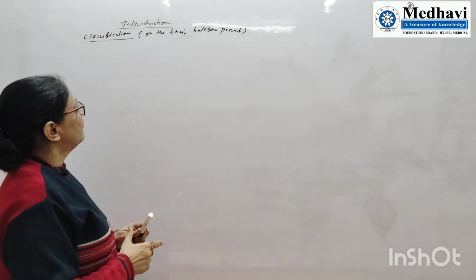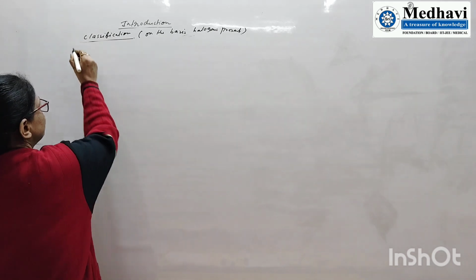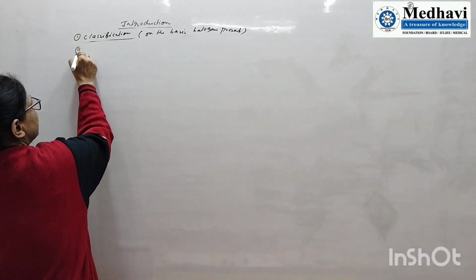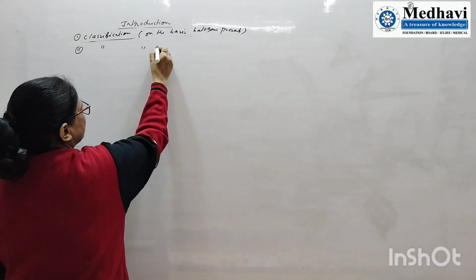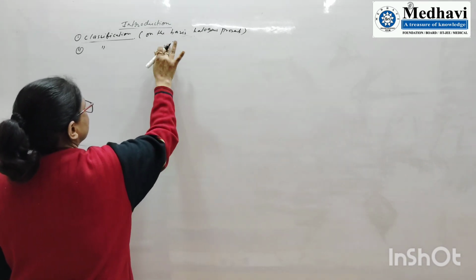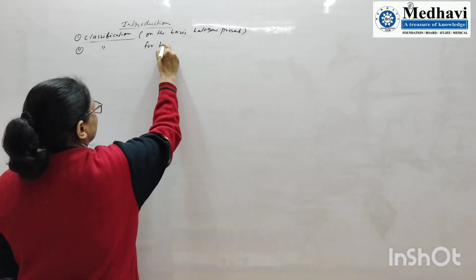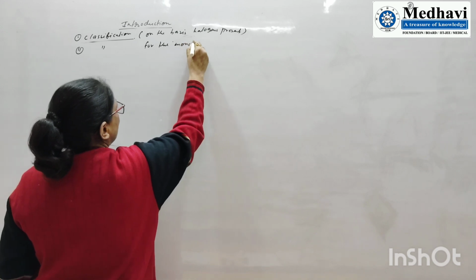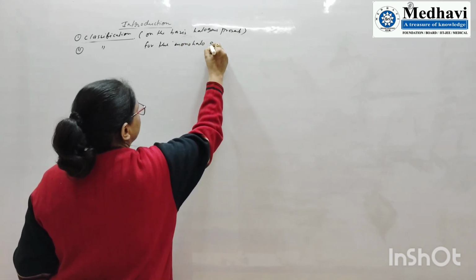Now, the first classification, on the basis of the number of halogen groups, we have done. Second is the classification for the monohalo group.